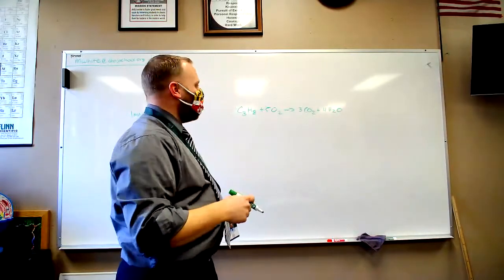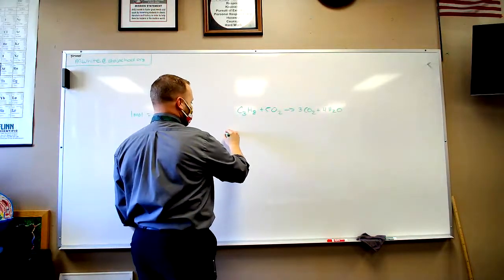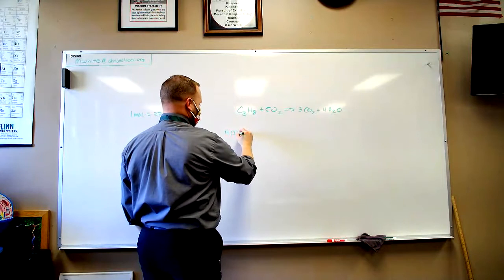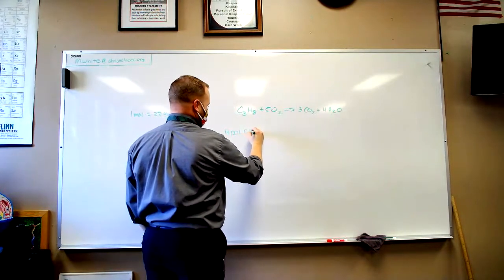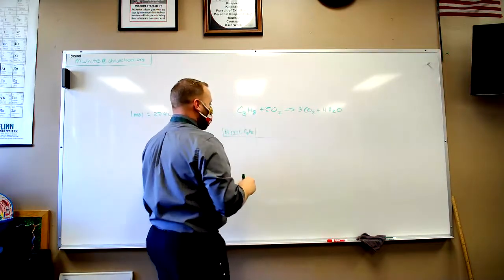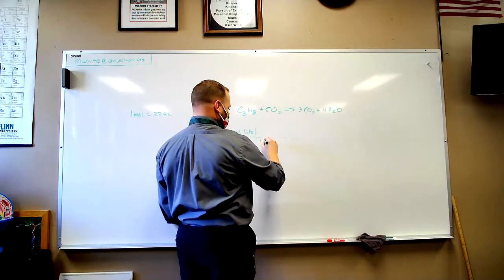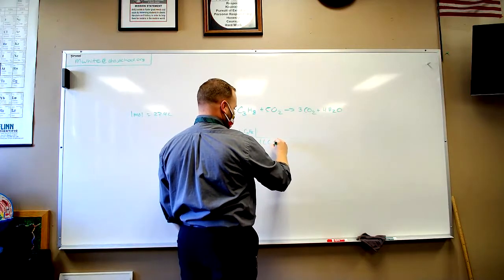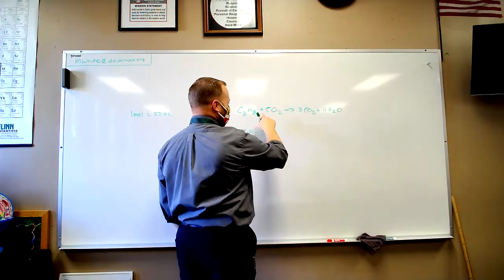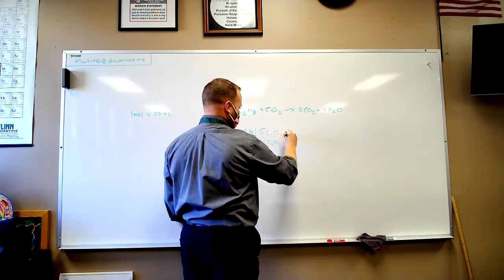So now that we have that, we start with what we know. So we have 4 liters propane. And we know that for every 1, because there's a 1 right there, so 1 liter propane, we're going to use 5 liters of oxygen.